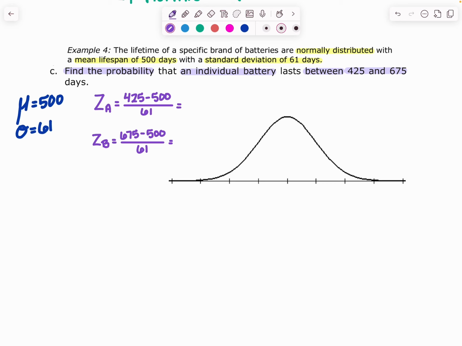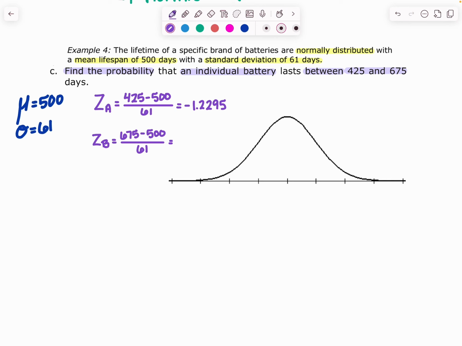So two different z-scores. 425 minus 500 is negative 75, divided by 61 is negative 1.2295. I'm going to do 4 decimal places just so I don't have to round up on a 9. I didn't want to round the 5 up on the 9, so I'm just going to keep an extra decimal on that one to make my life a little bit easier.